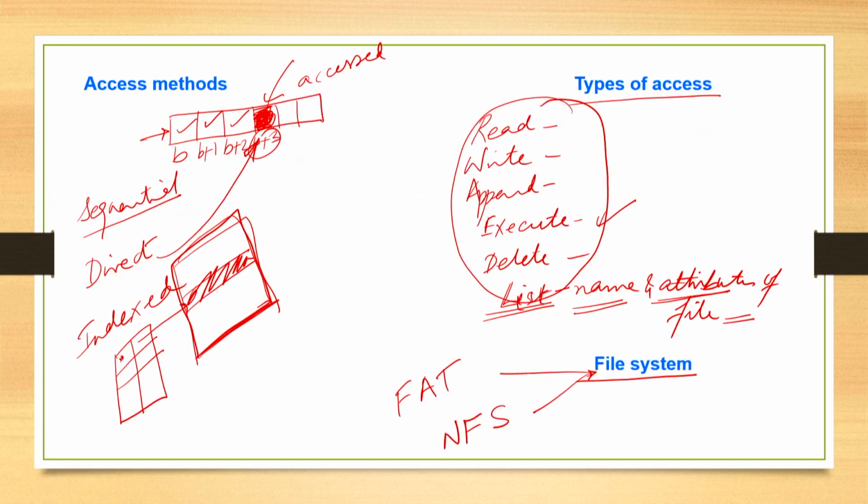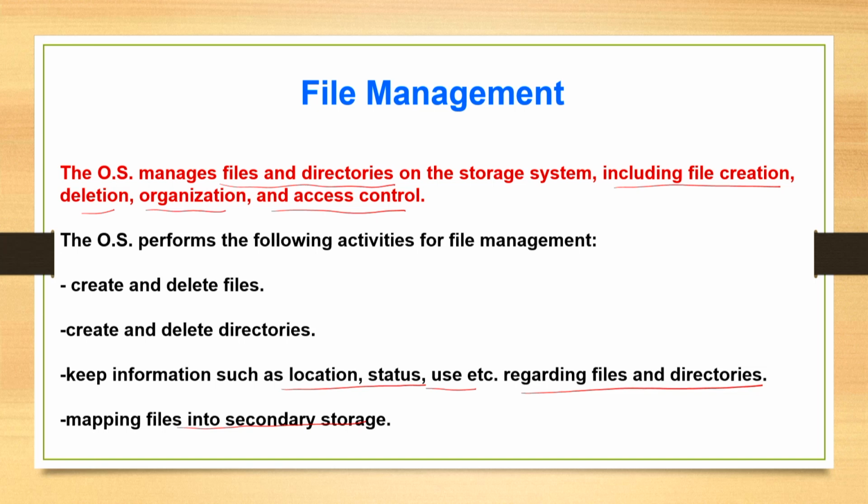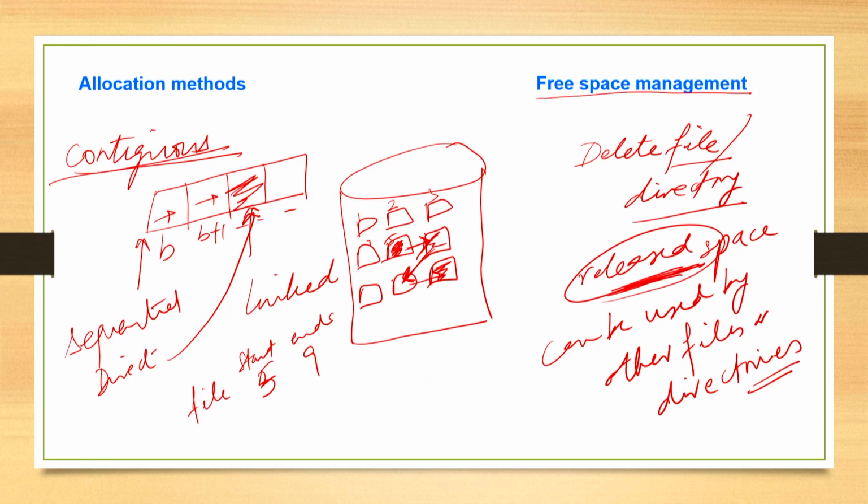So in file management, you should have an idea how the file and directory can be accessed, what the type of access of a given file is, whether it's read, write, append, what file system has been used, and how the file is allocated in the storage devices, and how the free space, that means the space that has been released by a given file when it is removed from the storage device, can be available for other files.